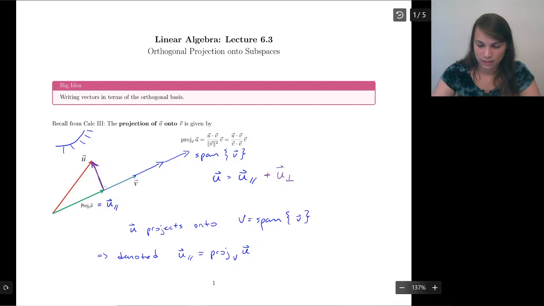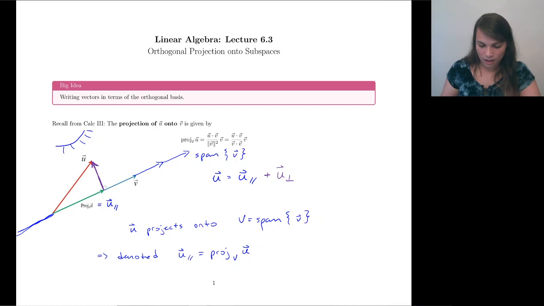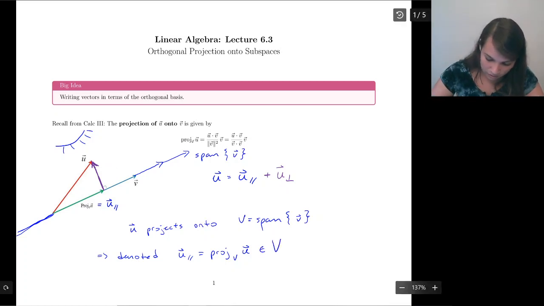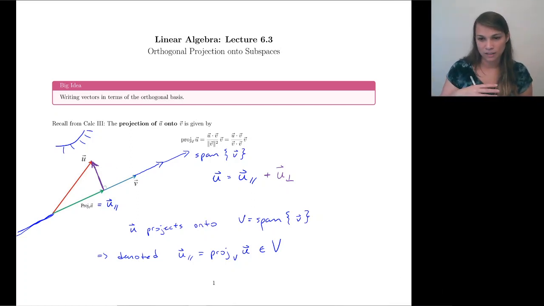But let's keep thinking about this. So we've got V stretching all the way up this way, and now it's also going to stretch all the way that way because we're talking about the entire span. And the projection of U onto the entire span of V is now, in this diagram, about 2/3 of V. That's totally in the span of V. So now the projection of U onto the subspace V is also in that subspace. That's pretty cool. Just made a huge leap.